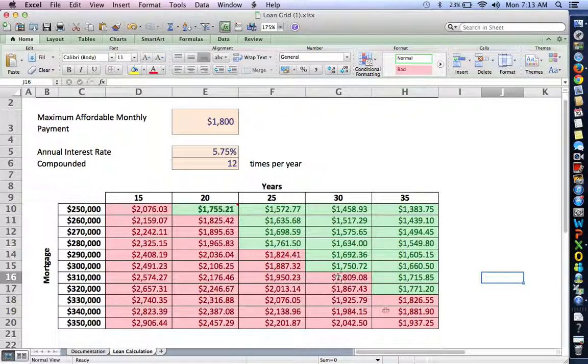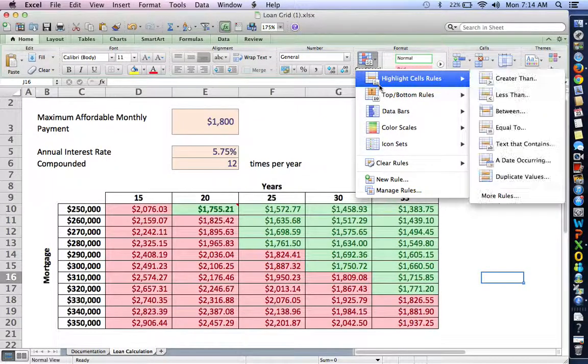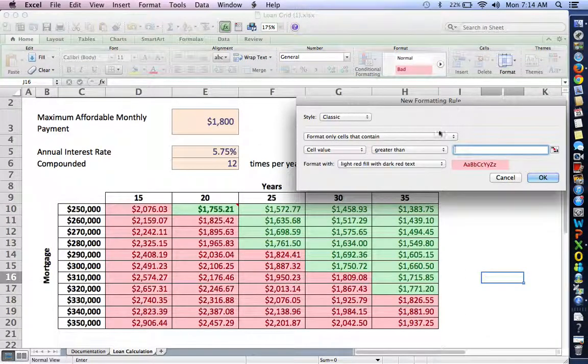Then I did the same thing here on the bottom to get all the values that are above the maximum monthly payment. So again, with the whole range highlighted, I went to conditional formatting, highlight cell rules, and this time greater than. And I went through the same steps.